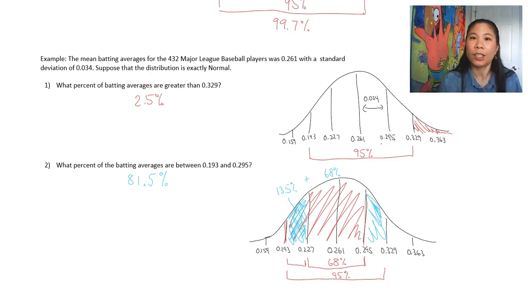Okay, so this is the general type of way of thinking that you want to use when we are trying to figure out areas of normal curves. So using those 68, 95, 99.7 percentages, use those to figure out the rest of the sections. And this comes with practice, so we will be doing a bunch of practice in class. And this isn't all of section 2. There's a second part to it that we're going to do next class.